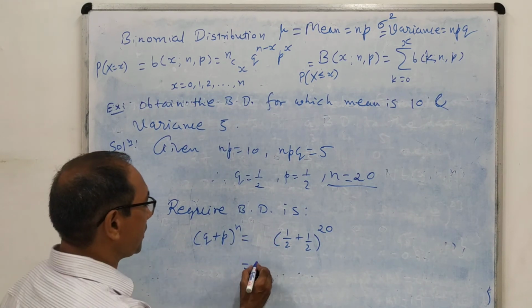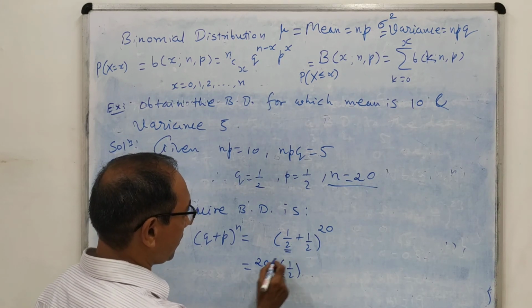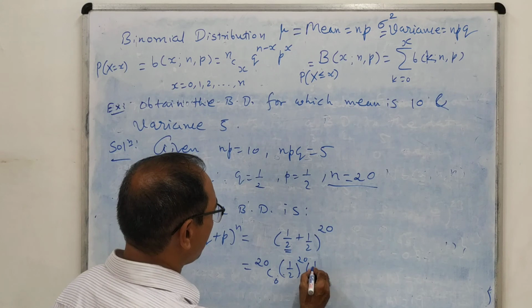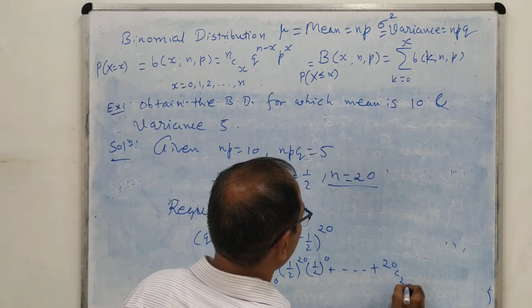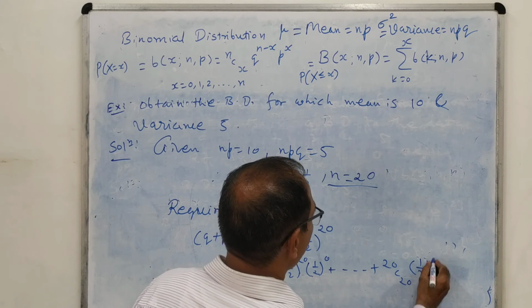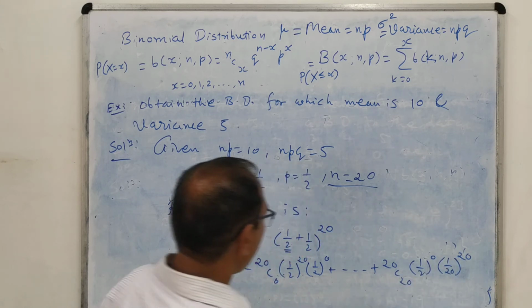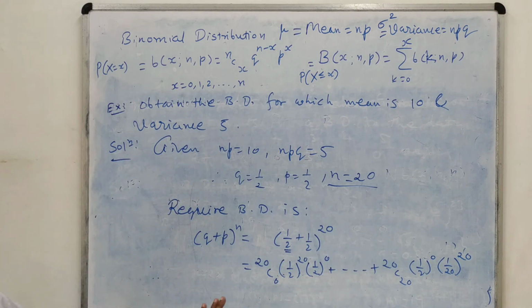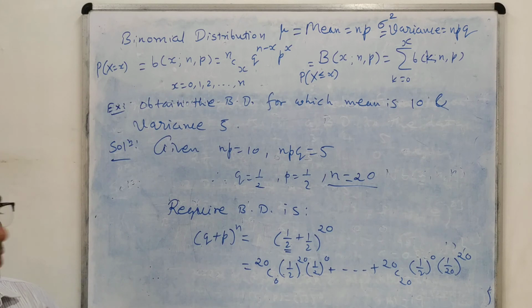So (1/2 plus 1/2) raised to 20 is nothing but 20C0 (1/2) raised to 20 minus 0 into (1/2) raised to 0 plus dot dot dot plus 20C20 (1/2) raised to 20 minus 20, which is 0, into (1/2) raised to 20. Keep it as it is. No need to find out particular values. You can stop here because manually it is not possible to do each and every thing.